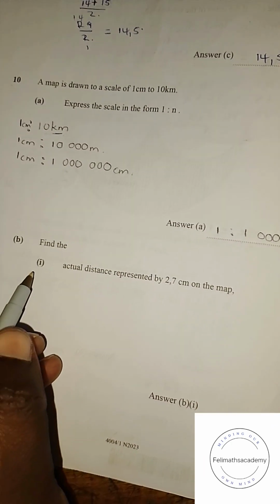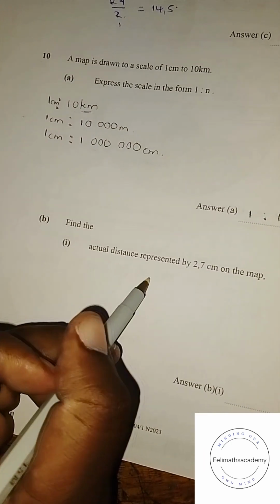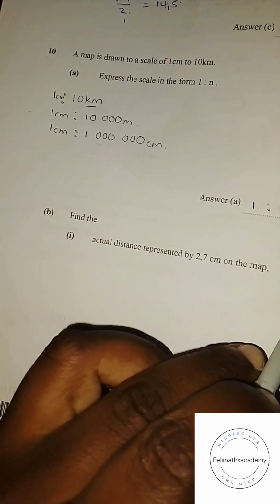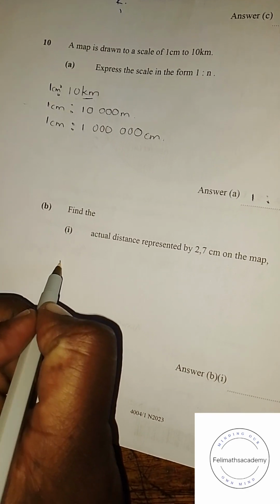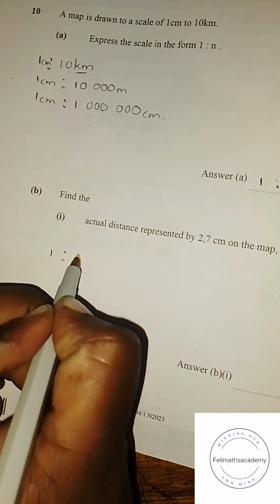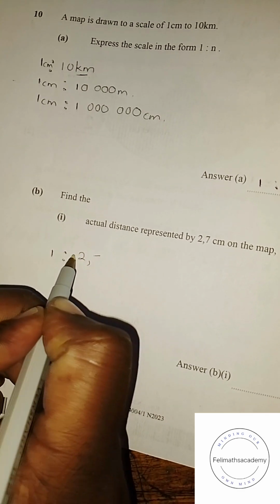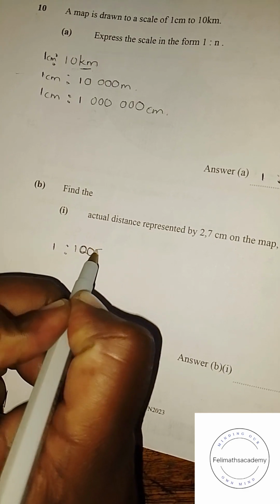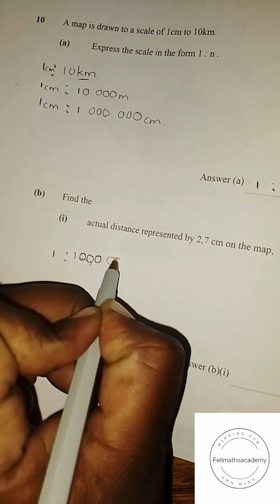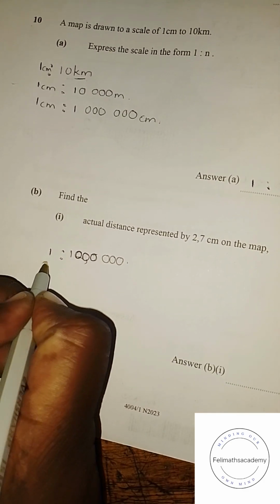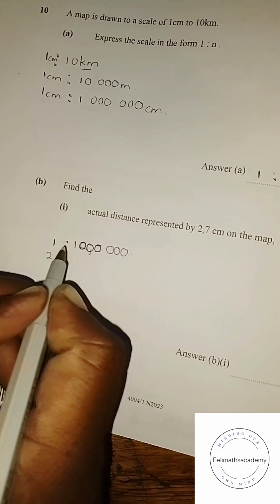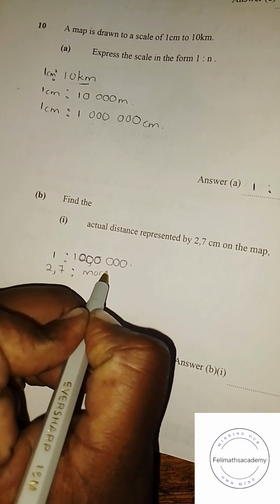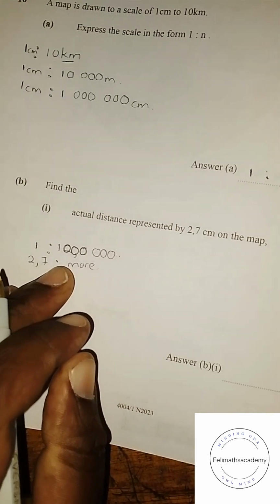For 10B, find the actual distance represented by 2,7 centimeters on the map. So we are saying 1 centimeter represents 1 million centimeters. So 2,7 centimeters will represent more. It's simple proportion.